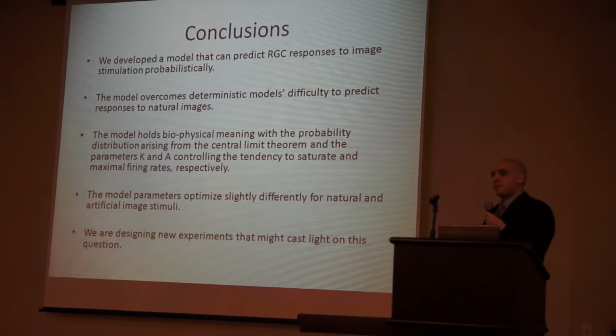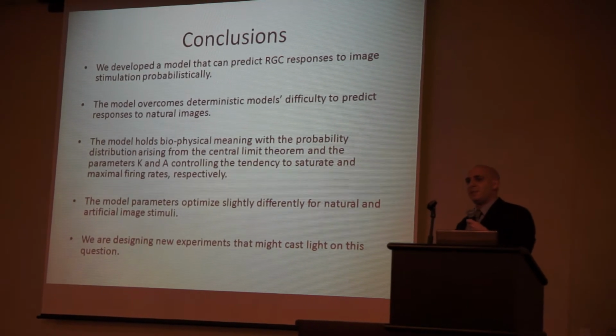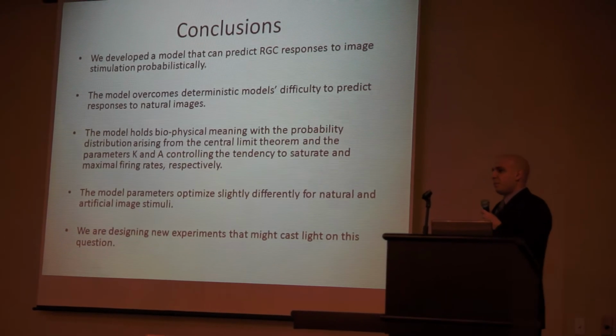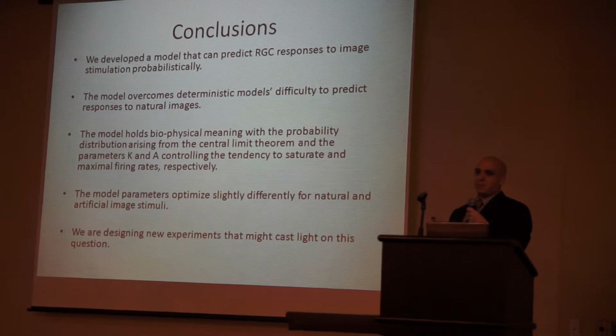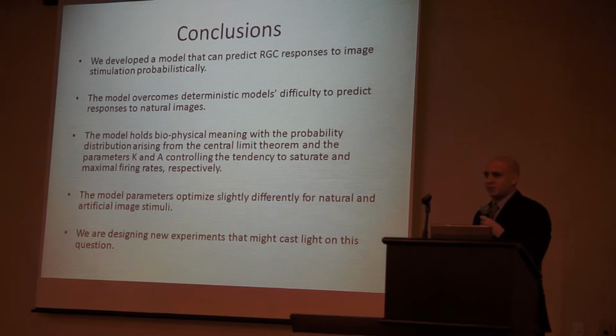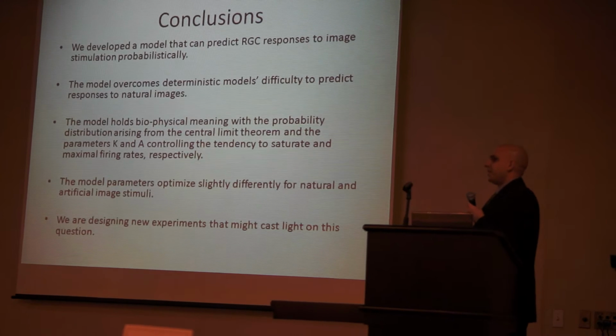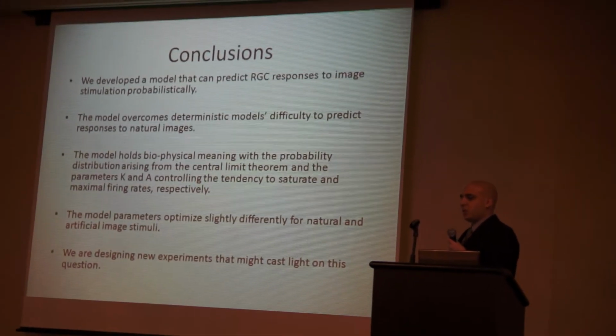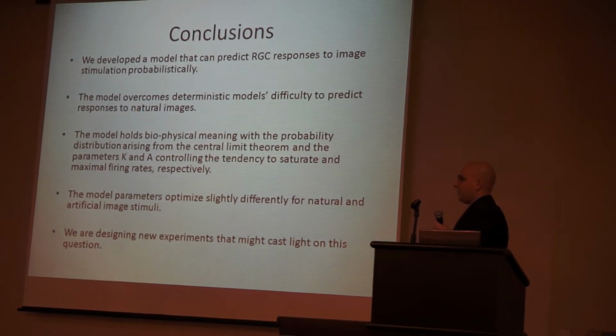The model parameters optimize slightly differently for different stimuli types, which means that we still have room for improvement, because a perfect model would optimize the same regardless of the stimuli. And we are designing new experiments to look into this more deeply.